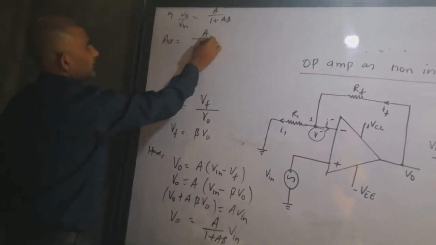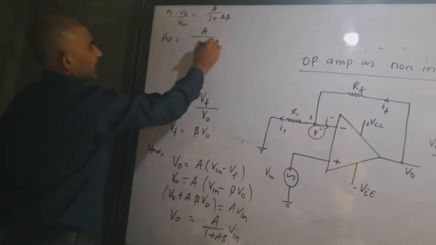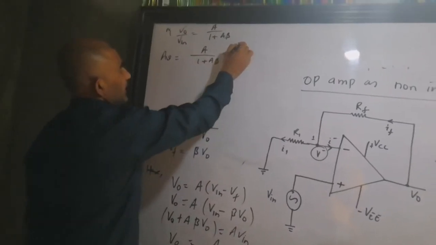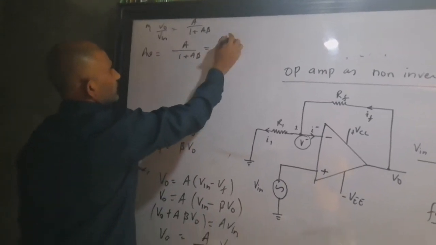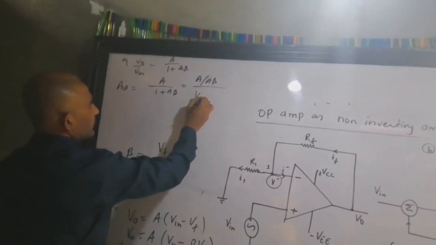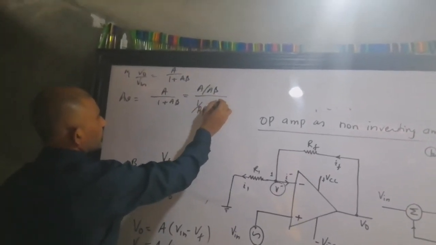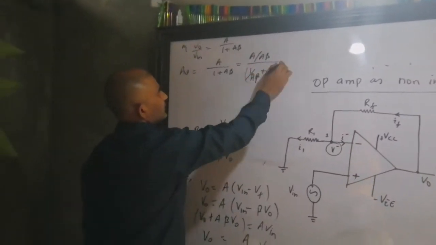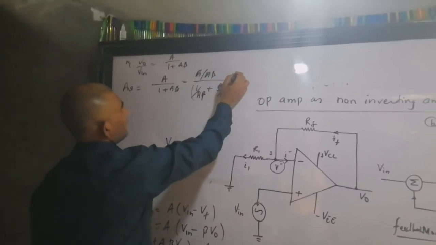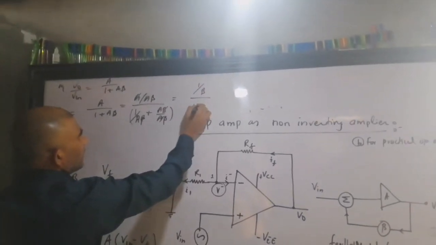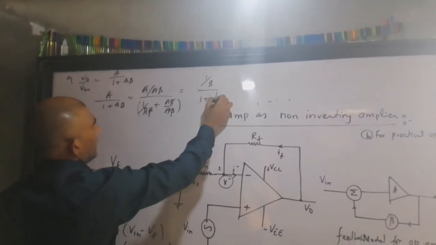I divide numerator and denominator by A beta, and so I get A upon A beta over 1 upon A beta plus A beta upon A beta. This term cancels and here A cancels, and I get 1 by beta upon 1 plus 1 by A beta.